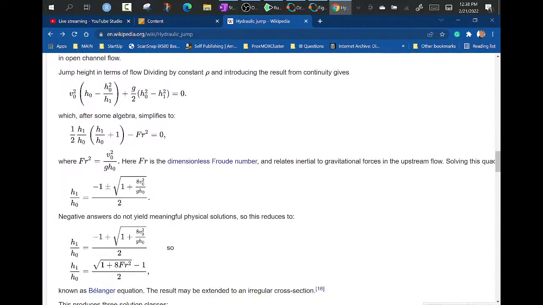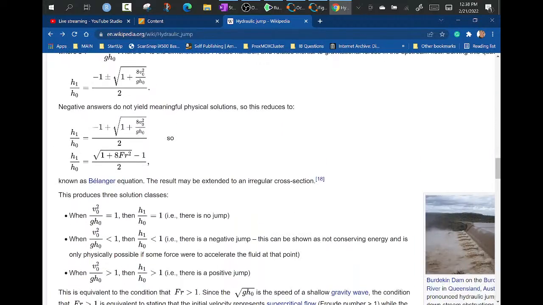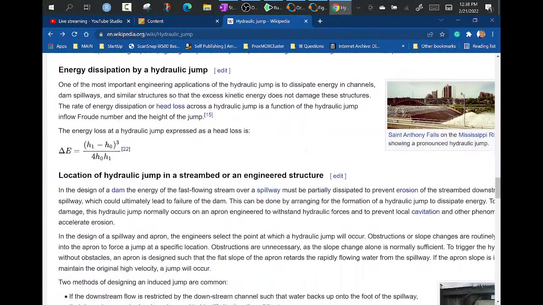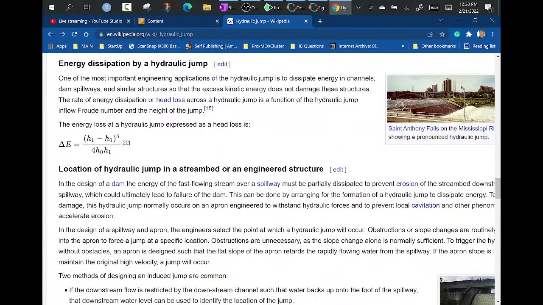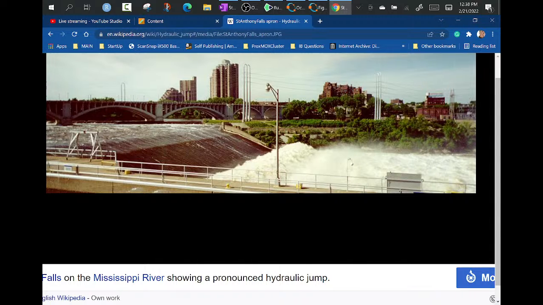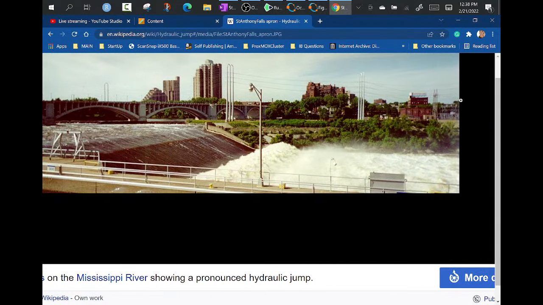And then, okay, you're down here, energy dissipated by hydraulic jump. That's a good example there. So what you see is the water flowing over fairly rapid, and then this white right here is the turbulence, creating a pretty strong hydraulic jump.